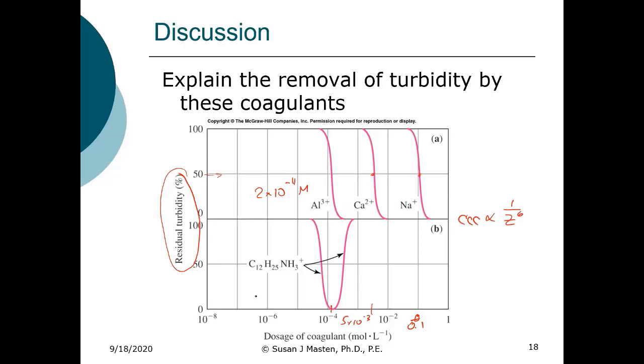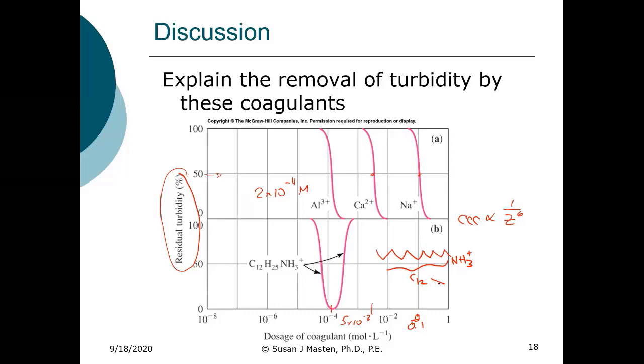Now, this is dodecyl ammonium, and it behaves differently. Dodecyl ammonium is, let's see, 1, 2, 3, 4, 5, 6, 7, 8, 9, 10, 11, 12. It is a long carbon chain, so it's C12.